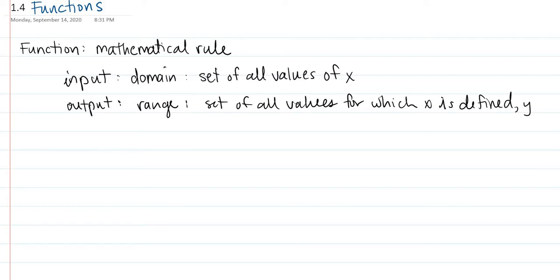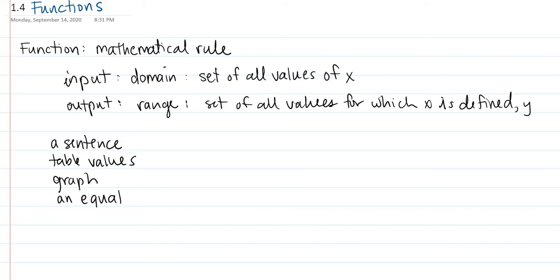Functions can be displayed in 4 different ways. So they could be a sentence, they could be a table of values, they could be a graph, or they could also be an equation.